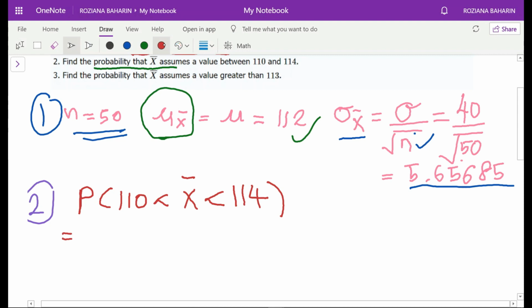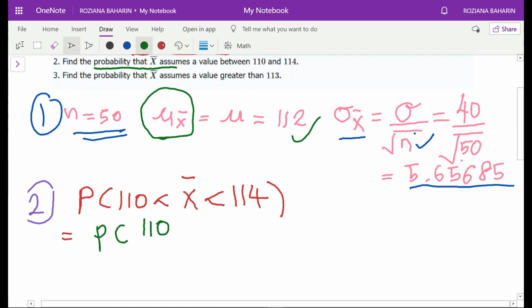When we want to use the standardized form, we want to change to the standardized Z. Now we plug in the formula that you can refer to in the notes, which is 110, which is your X bar.